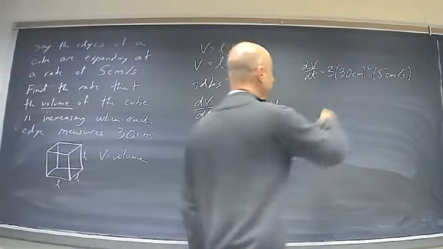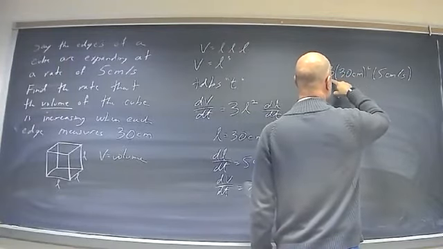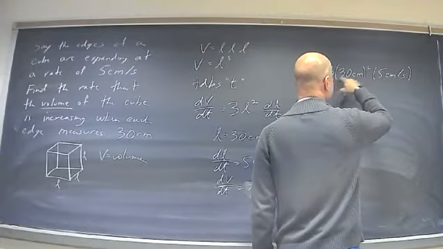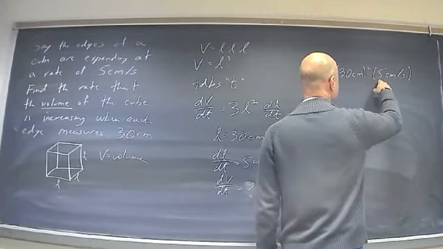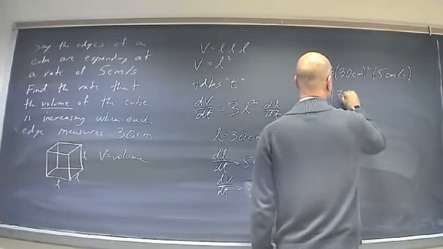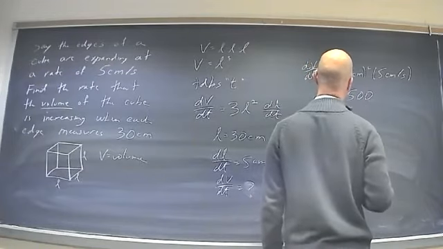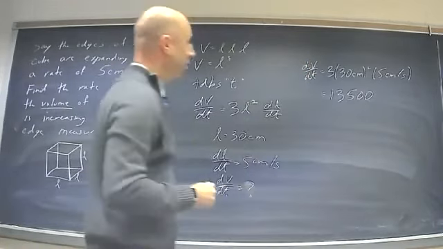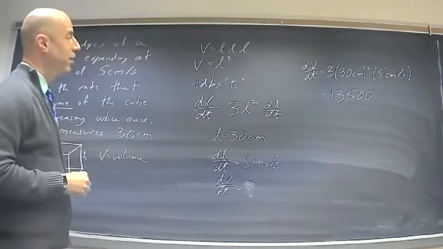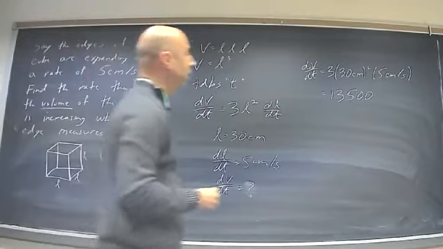So what do we have? 900, what, 2,700 times 5, what would that be? 13,500. Somebody better check my arithmetic. That's right. That's okay? Okay, good.